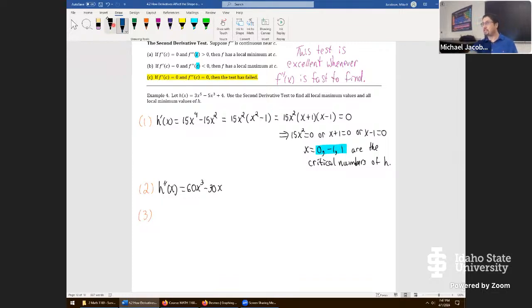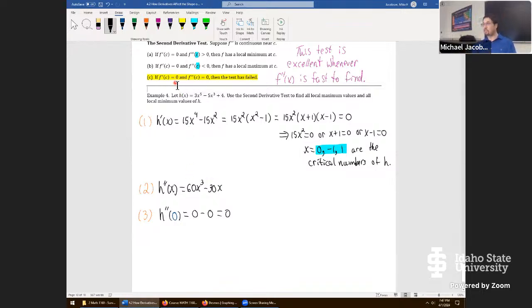Just scroll a touch. First, we'll do H double prime at, I guess we'll just go left to right. Let's do 0 first. When we plug in 0, we're going to get 0 minus 0, which is equal to 0. And this is that bad outcome.